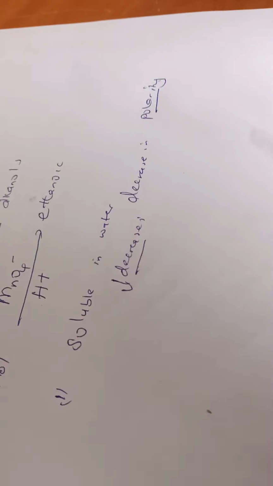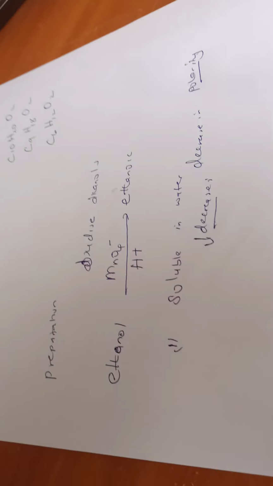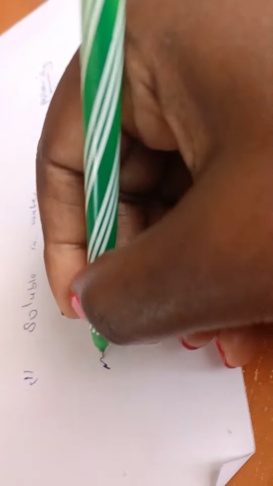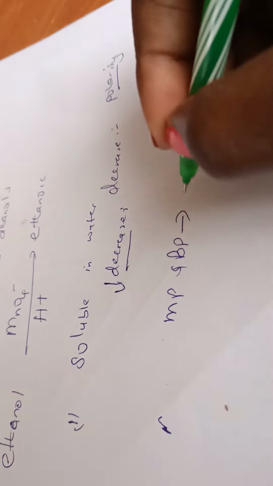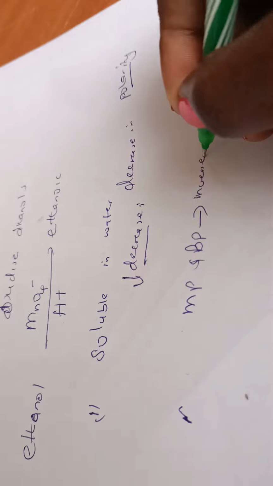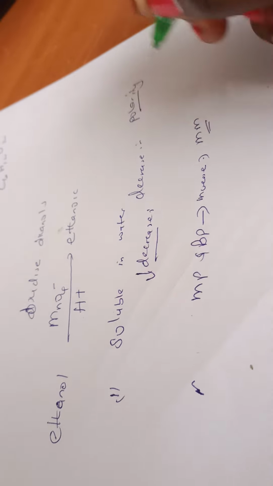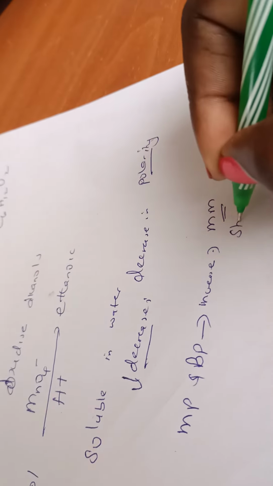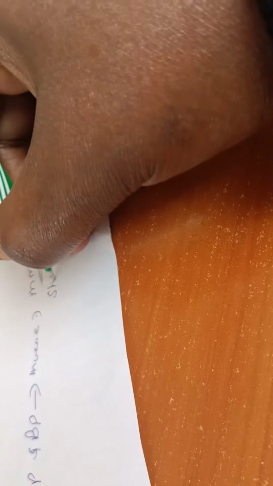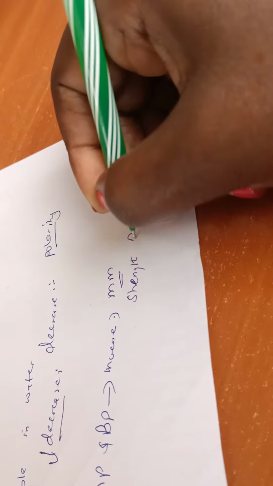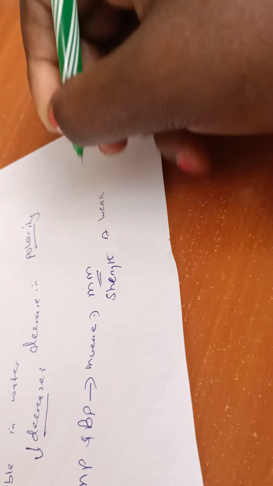Another property is melting point and boiling point. The melting point and boiling point of alkanoic acids increase down the series due to increase in molecular mass, which increases the strength of weak van der Waals forces.